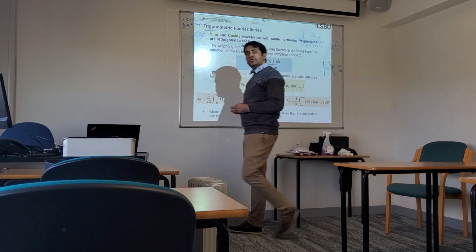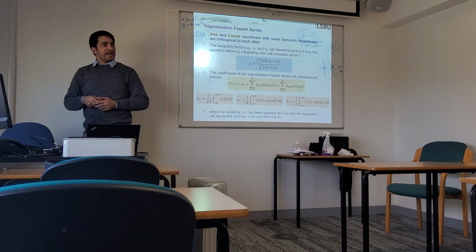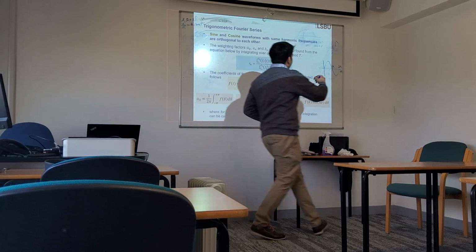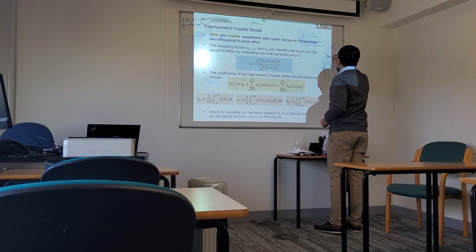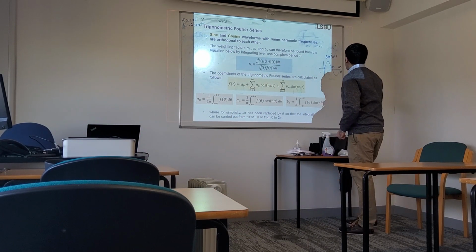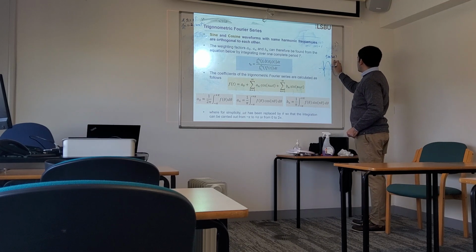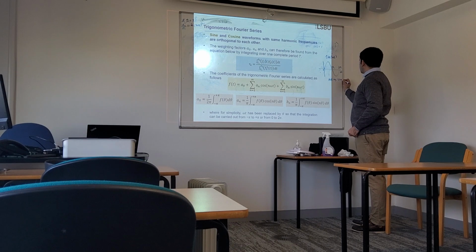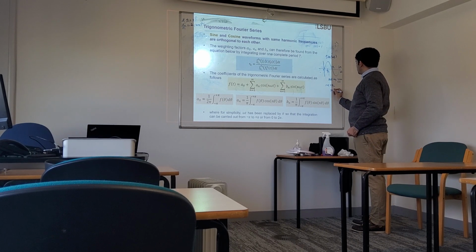So your axis is the omega t axis, which is the angle axis, and if I write the equation, it would be sine of omega t. It means that if I start from 0, if I put omega t equal to 0, sine 0 equals 0. If I put omega t equals pi by 2, sine pi by 2 equals 1.